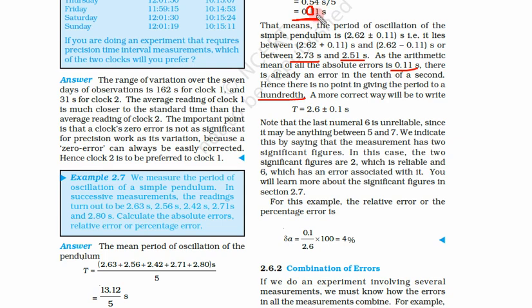Suppose we get an error in the second digit itself, then why give the third digit? If we get an error just one digit after the decimal, why give the second digit after the decimal? So that's why we write T is equal to 2.6 plus minus 0.1 second.